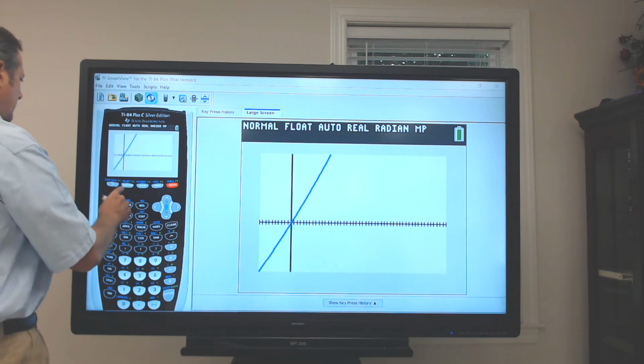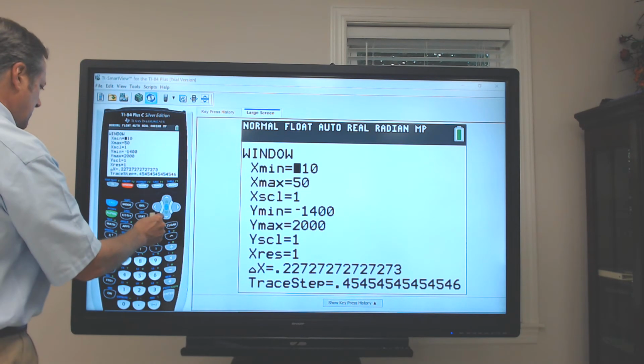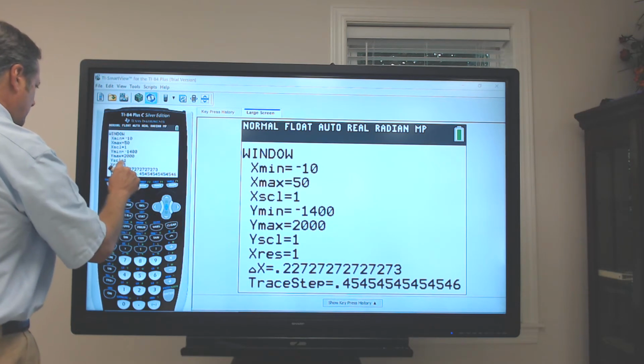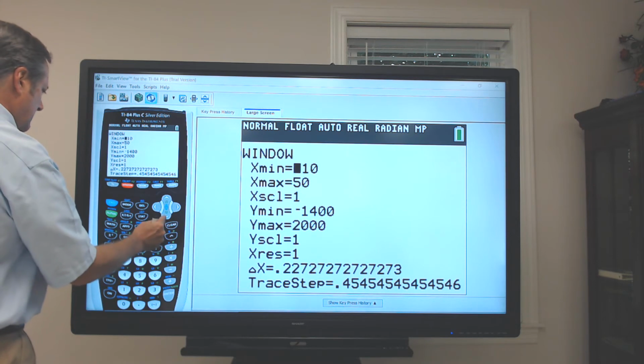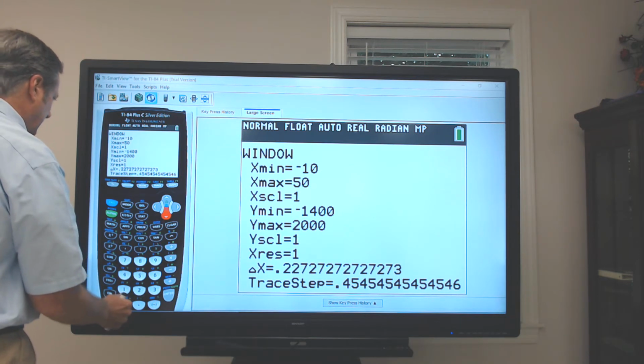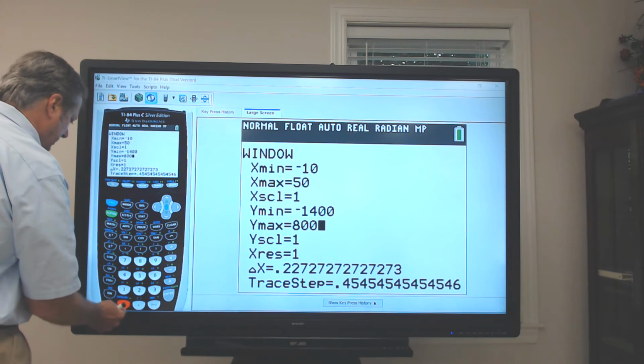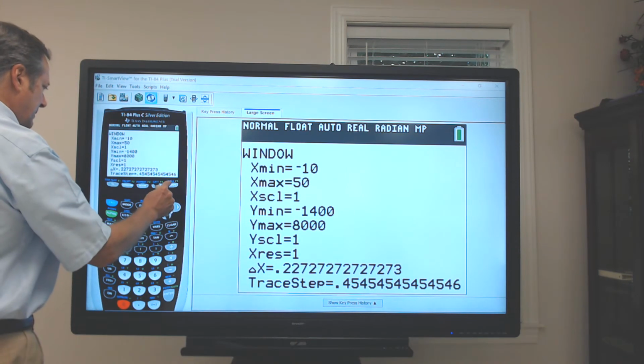All right, so let's go back and resize the window. Oh, come on, man. All right, y max. I'm going to go ahead and make that 8,000. This is just pure trial and error. Hit graph.